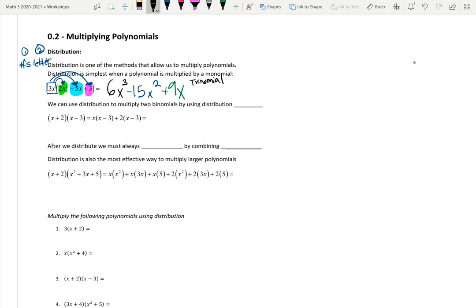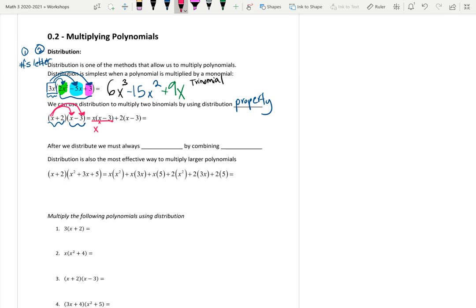So essentially what we're going to do now is we're going to increase the ante. We're still going to be multiplying 2 products. In the first one, we multiplied this group, 3x, by all of the terms in the grouping symbols. We're going to do a similar thing, but we're going to multiply this entire group by another group. So we're still using the distributive property. I have to multiply the x to the x and to the negative 3, and this is what you can see right here.